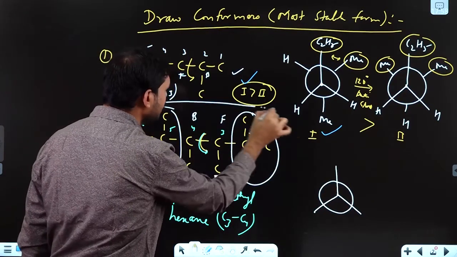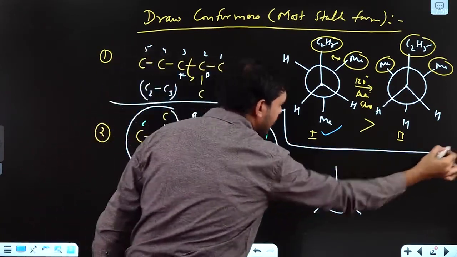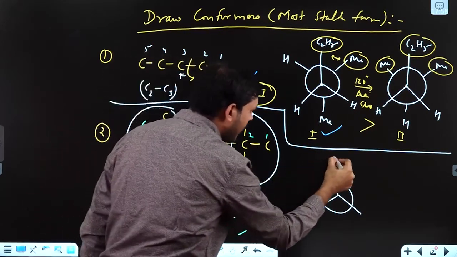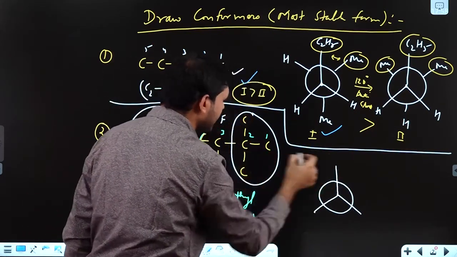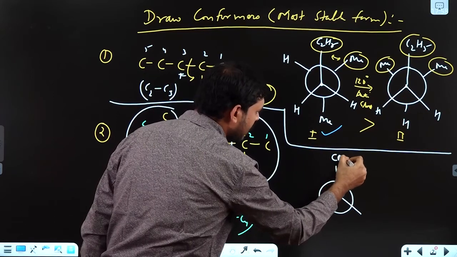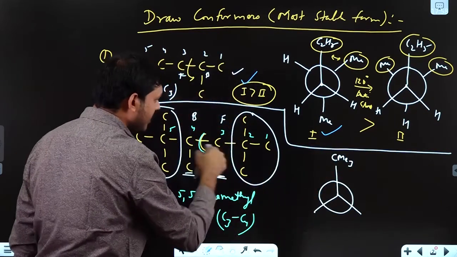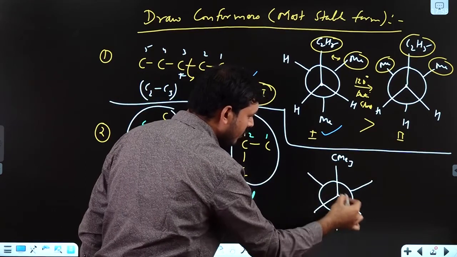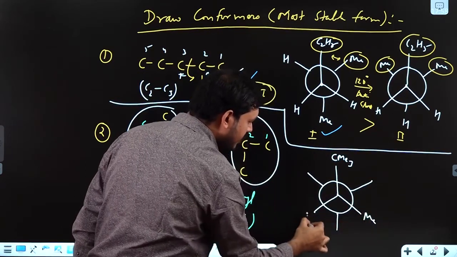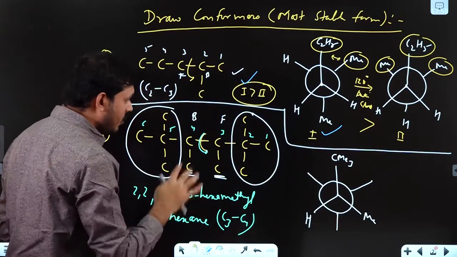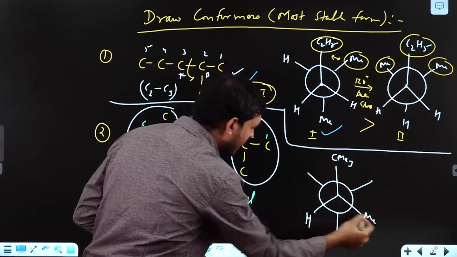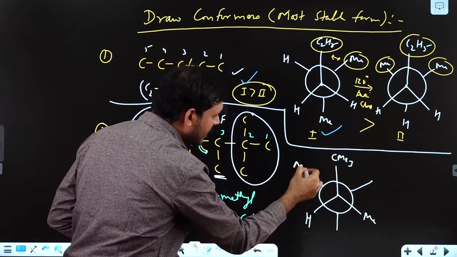Okay, so here you can see from the front carbon, this tertiary butyl, this is CMe3, right? CMe3. Now it has one methyl. Now the methyl is here and the hydrogen is here.